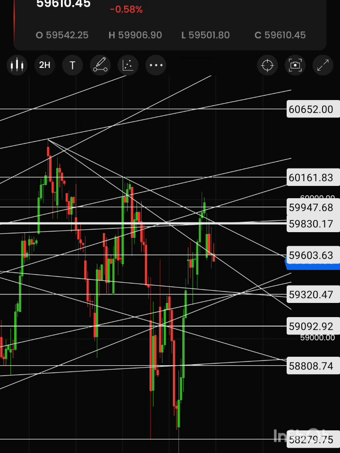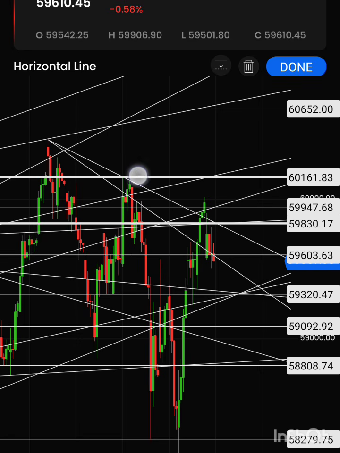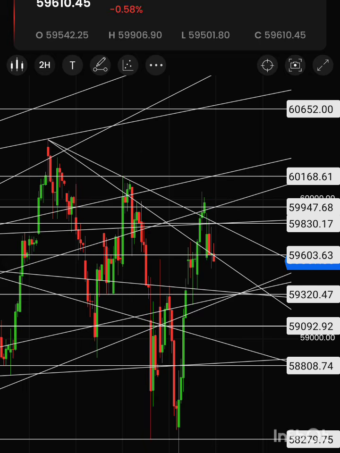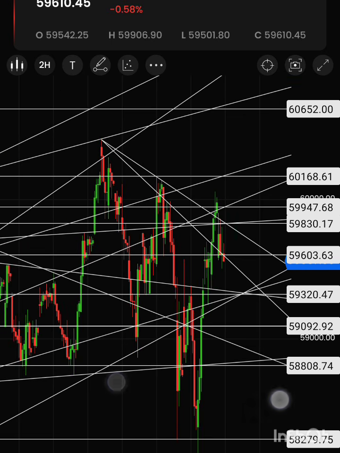So 830 is acting as a resistance. Once we cross 840, then we will have 59,950. Then there is a very strong resistance around the 60,168 range. So above 170, mostly we will have a big upside movement.